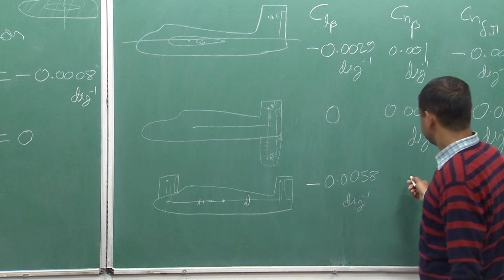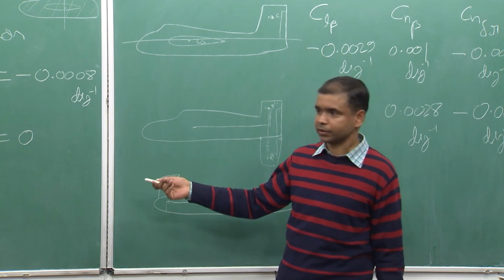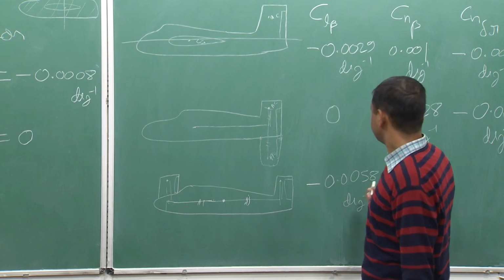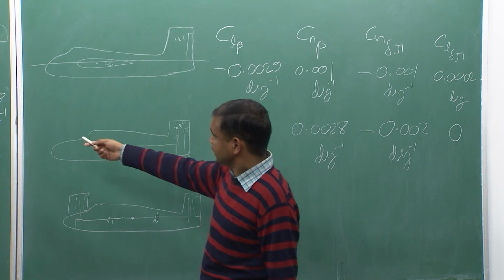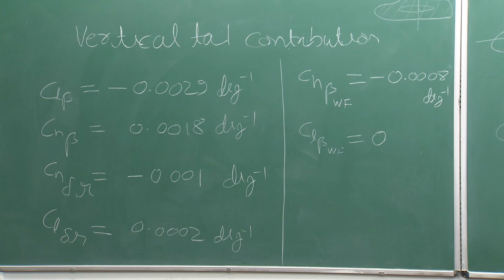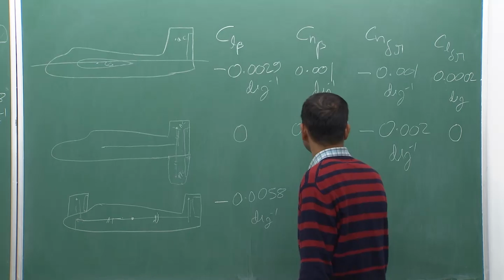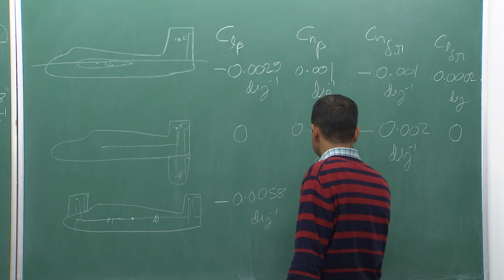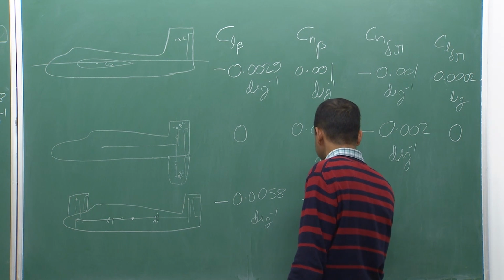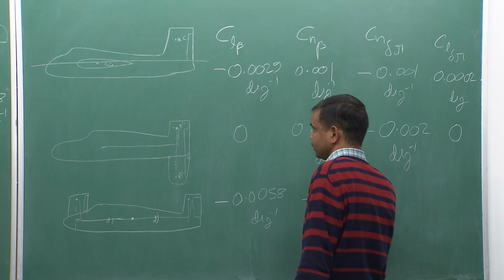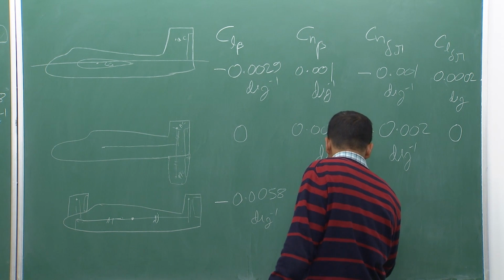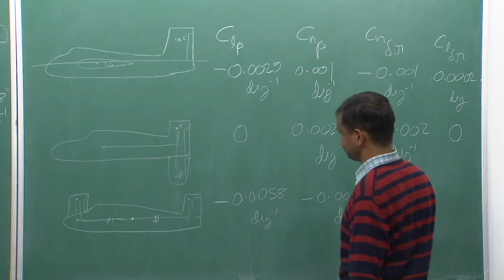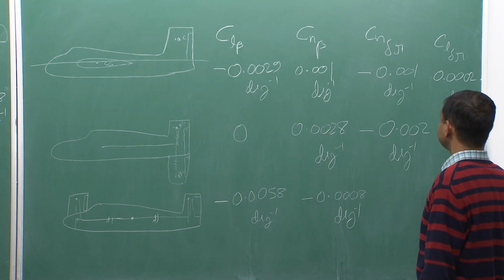So, the net will be the wing and fuselage contribution, and the wing and fuselage contribution for the Cn beta is minus 0.0008. So, this will become minus 0.0008 per degree.